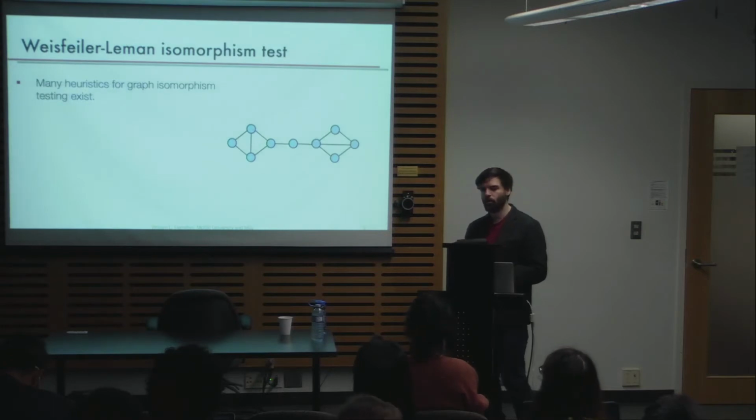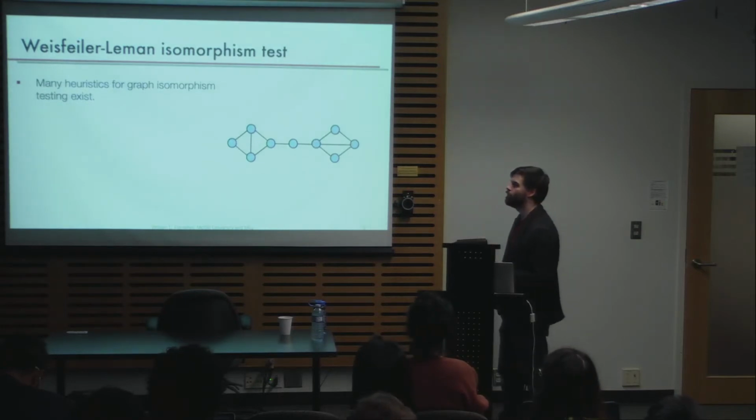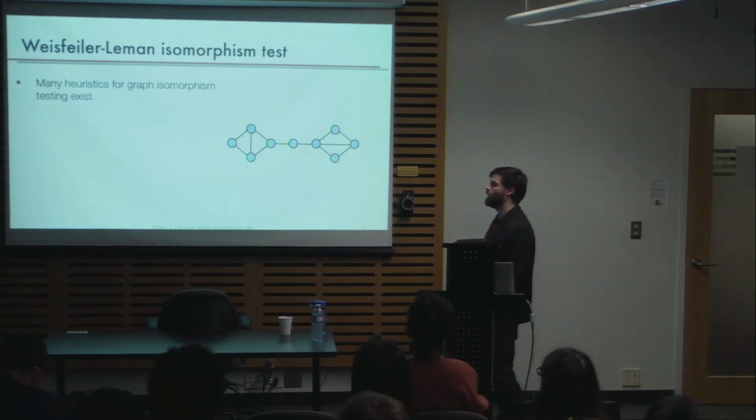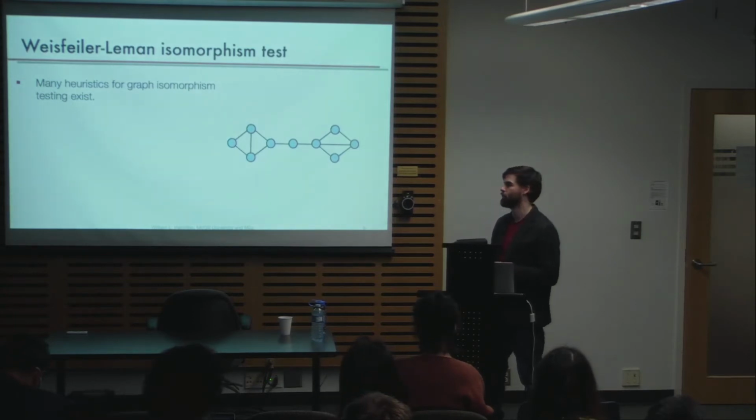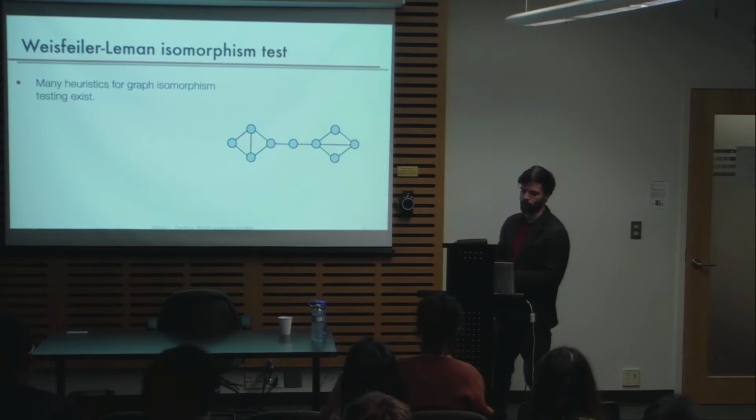And now, we're going to build off historical work on graph isomorphism, and in particular, we're going to talk about an approach to isomorphism testing, or generating discrete feature vectors of graphs. I'm going to mention this, for one, because it's one of the most popular approaches to graph isomorphism, but also because graph neural nets are going to have a very close relationship to this algorithm, which is called the Weisfeiler-Leman isomorphism test.